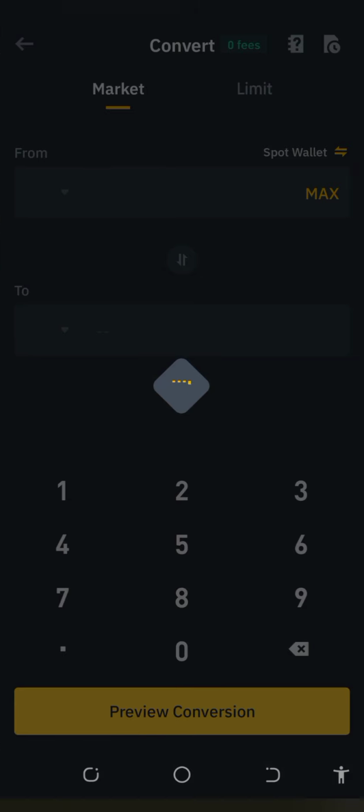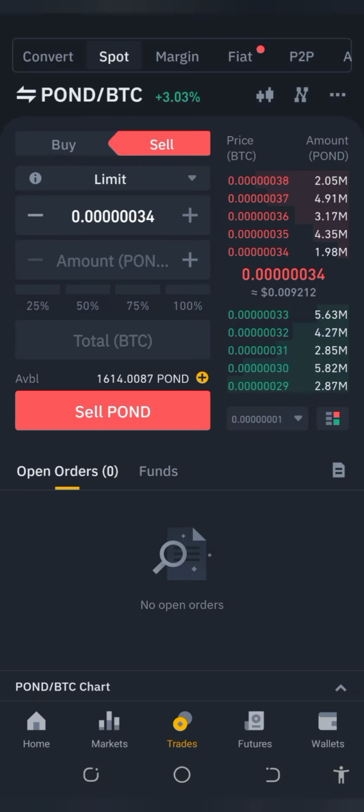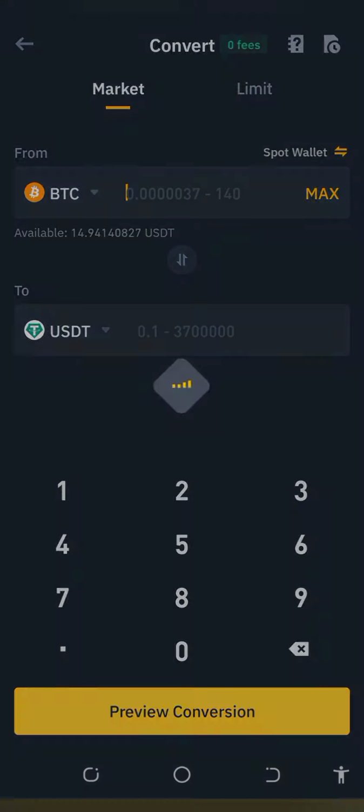I don't know. Oh, sorry about that. We need to change our entire pond to this. So let's go to convert. It's going to have to be pond.